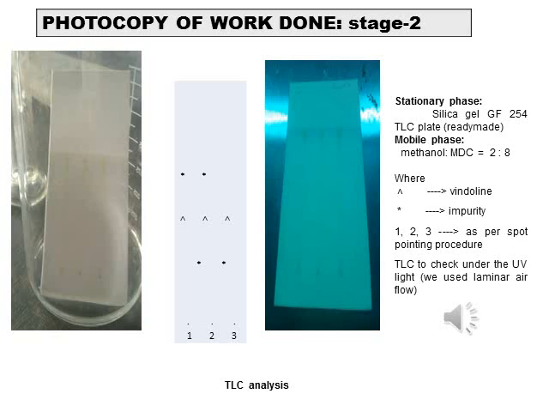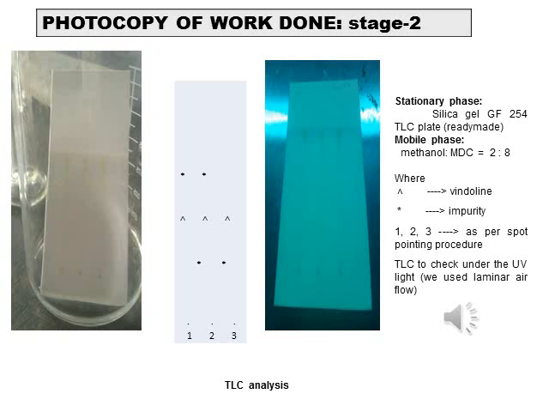Here you can see the TLC checking methods. The stationary phase of the TLC is a silica gel GF 254 TLC plate, readily made, which we got from the market. The mobile phase is methanol and MDC respectively, 2:8.